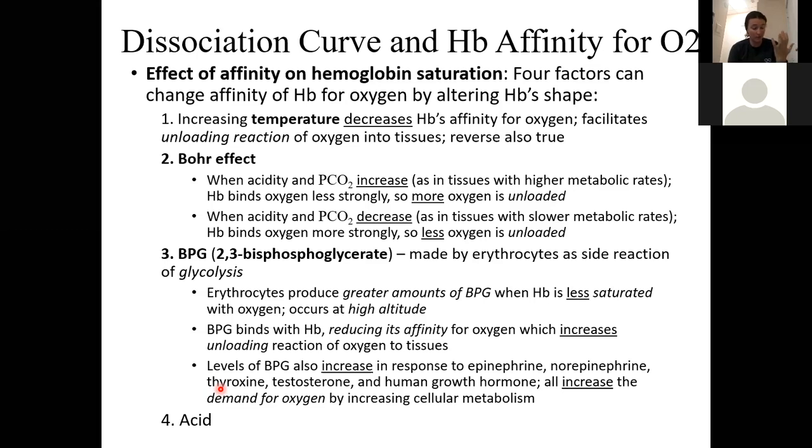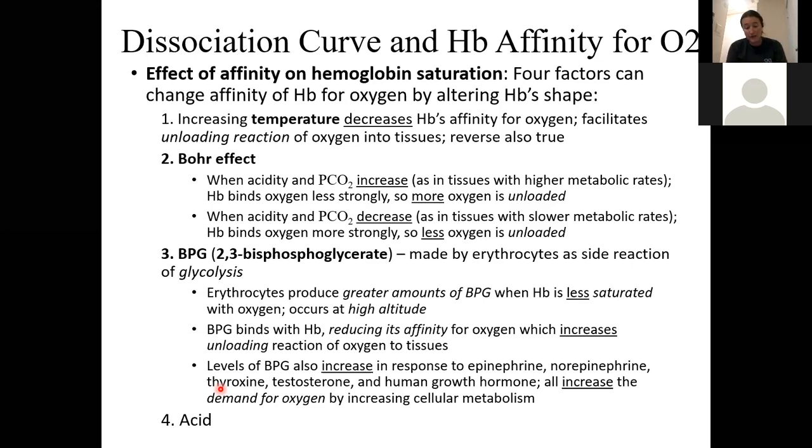So when you get up off the couch from watching this lesson and go outside and you run a 5K, what is going to be different about your body? Okay, and so essentially, when you run a 5K, you want the affinity of hemoglobin for oxygen to be very low, right? You want that oxygen to actually be delivered to your tissue, not just make many rounds around your body without actually going to your tissues.